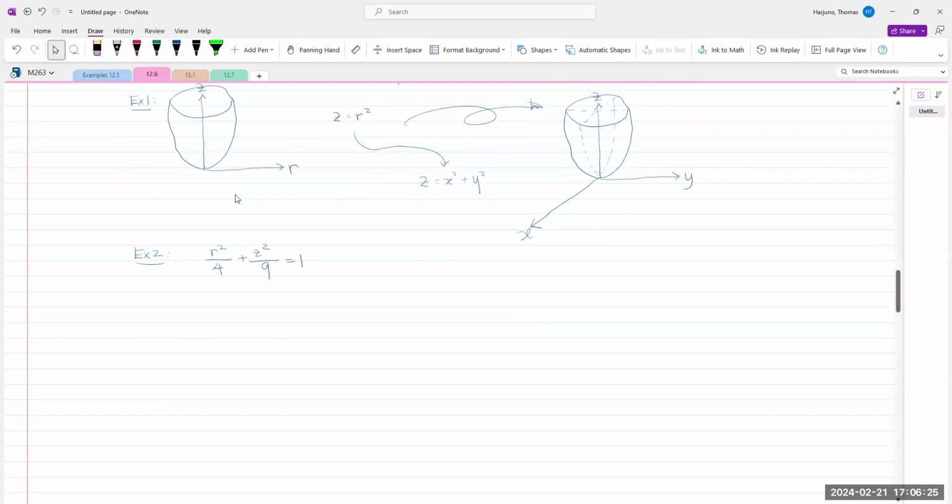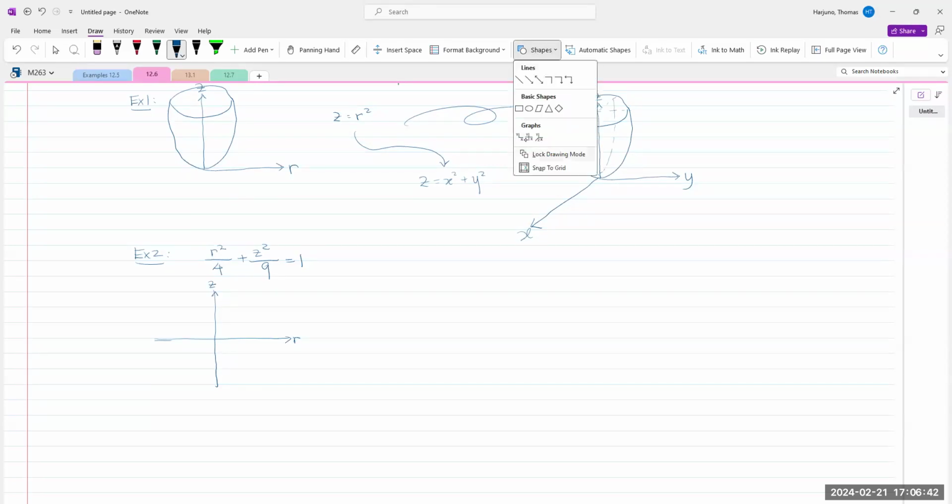In the 2-dimensional rz plane, it's actually just the xy plane, but I name it r here, I name it z here. This will be an ellipse stretched 2 units to the left and right, and 3 units up and down. So this is what it looks like.